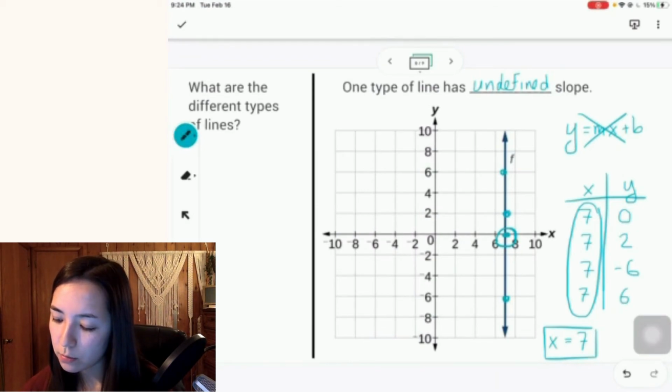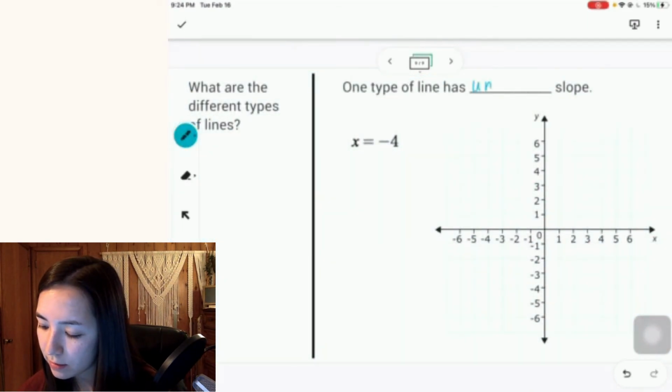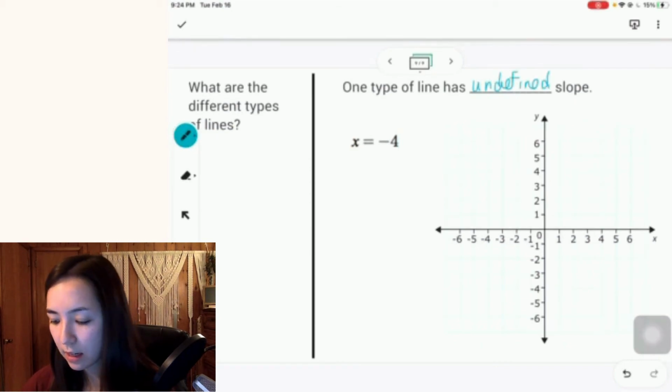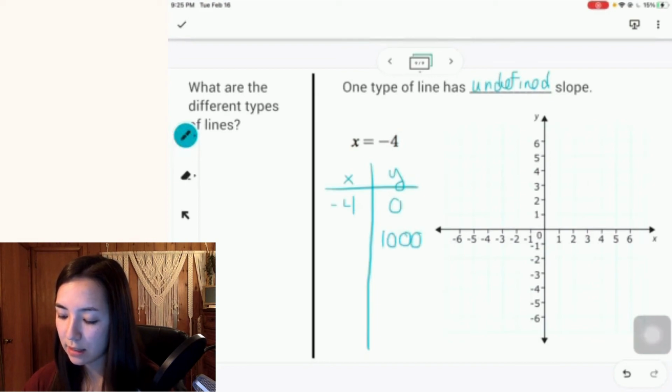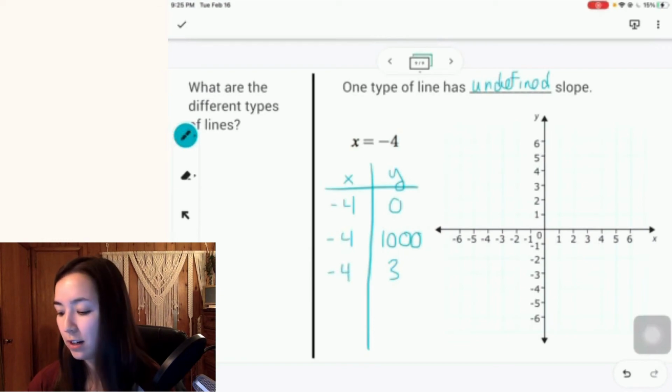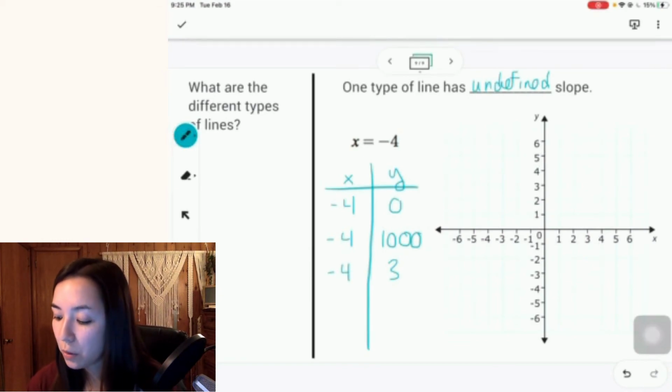So, if I were to draw this line, and say again, I created a table. When y is 0, x is negative 4. When y is 1,000, x is negative 4. When y is 3, x is negative 4. No matter what y is, x is always negative 4.